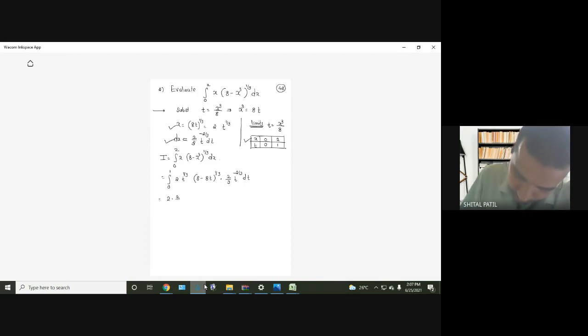Constants are to be written outside. See, t raised to 1 by 3, t raised to minus 2 by 3. 8 is taken outside, so 8 raised to 1 upon 3.